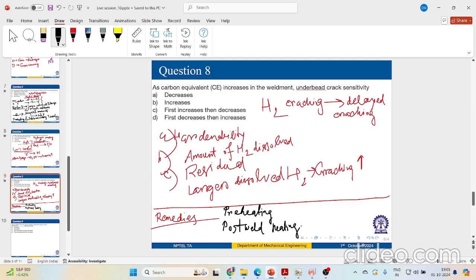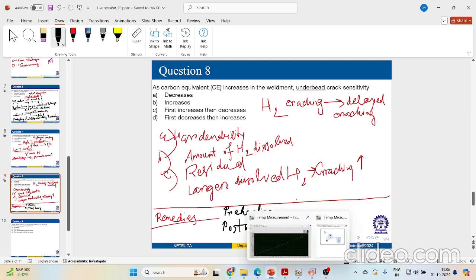Or if you're using consumables, if you are using basic electrodes rather than cellulosic shielded metal arc welding electrodes, that will reduce the amount of hydrogen present in your welding zone. Then you can use lower strength filler metal also.